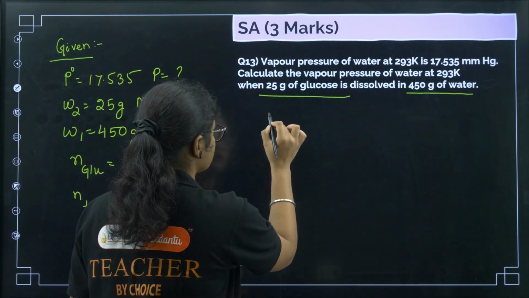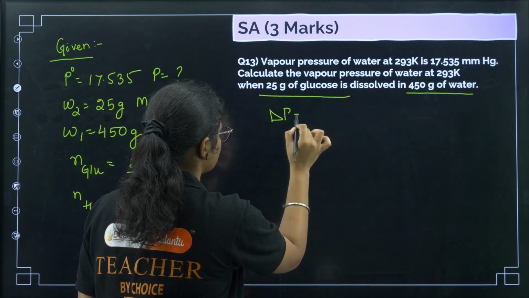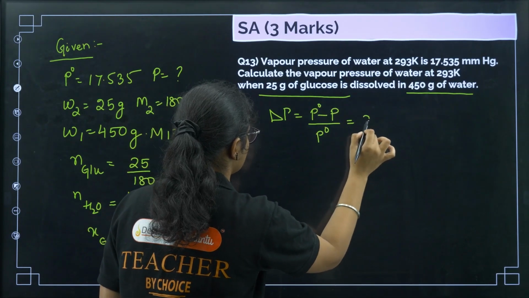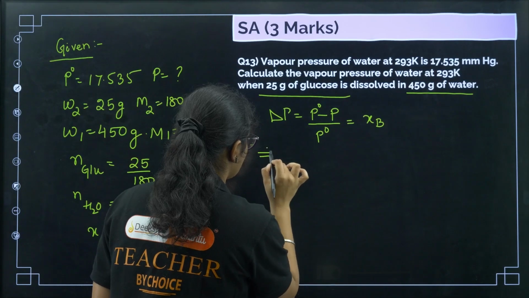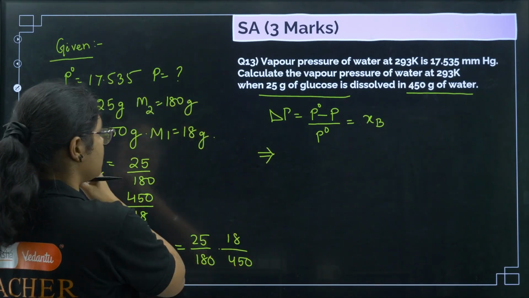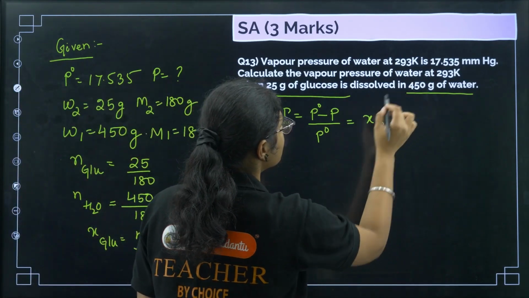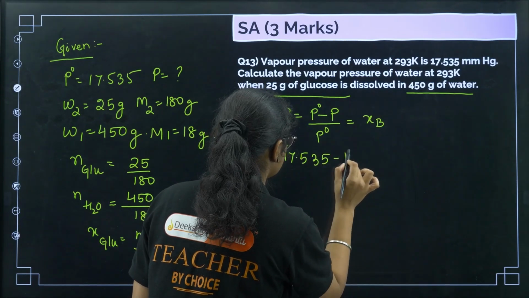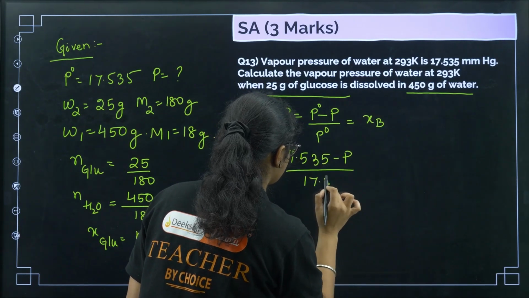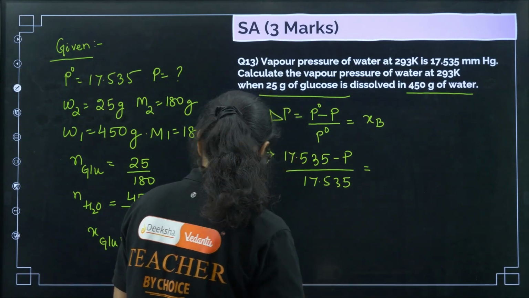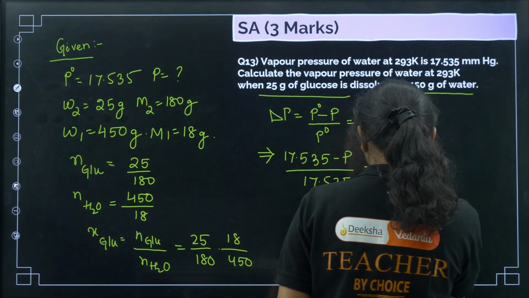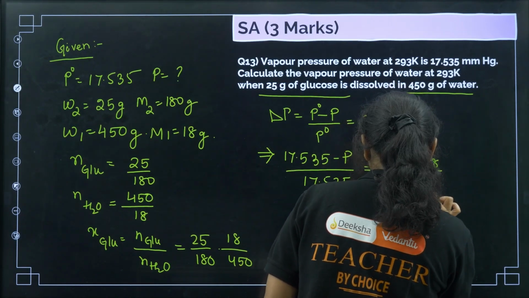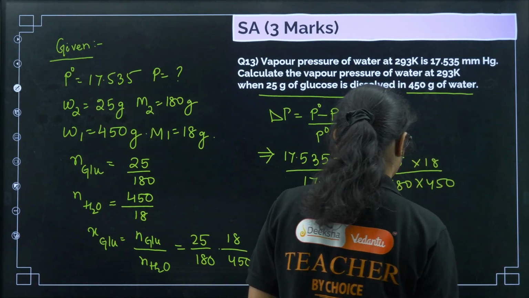Now we'll write the formula here. Delta P by P naught, that is P naught minus P by P naught, is equal to XB. Now I have the P naught value, 17.535. So 17.535 minus P by 17.535 is equal to the XB value, which we substitute here, that is 25 into 18 by 180 into 450.